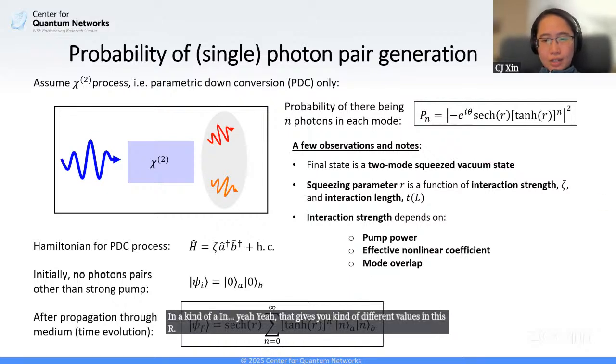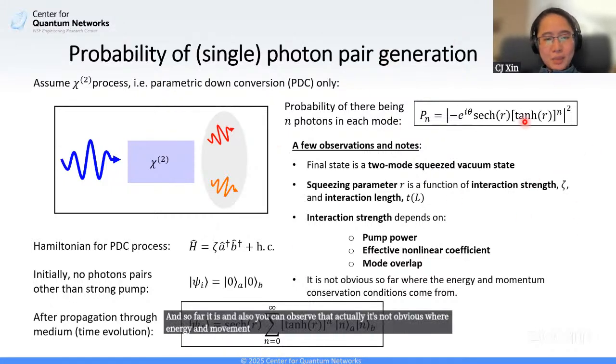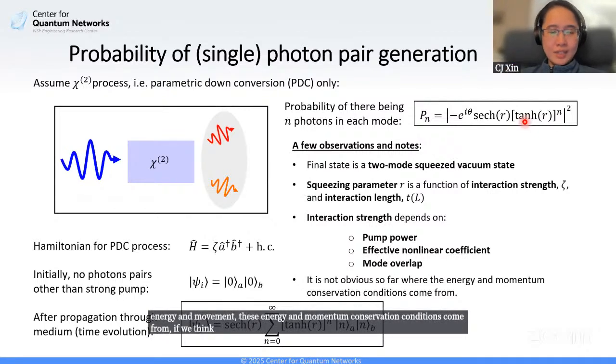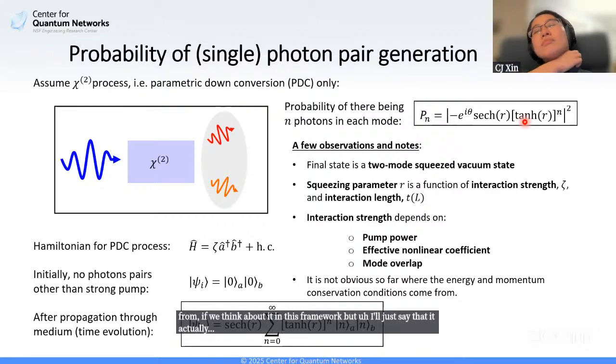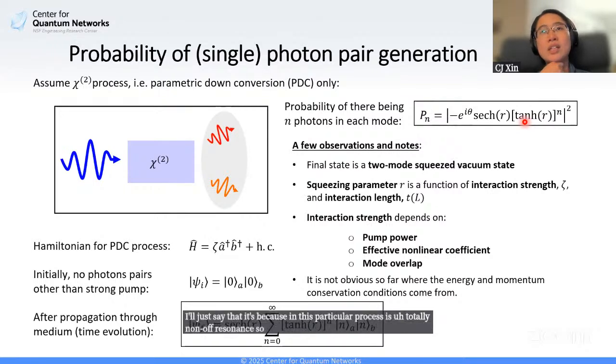Also, you can observe that it's not obvious where these energy and momentum conservation conditions come from if we think about it in this framework. But I'll just say that it's because this particular process is highly off-resonant, so you're not transferring any energy or momentum to the material itself.